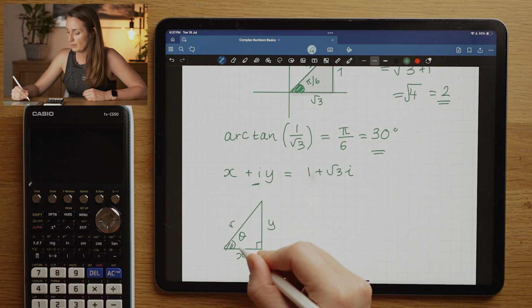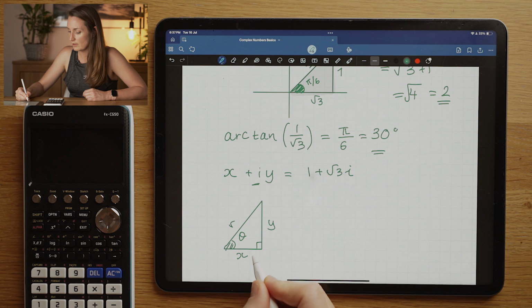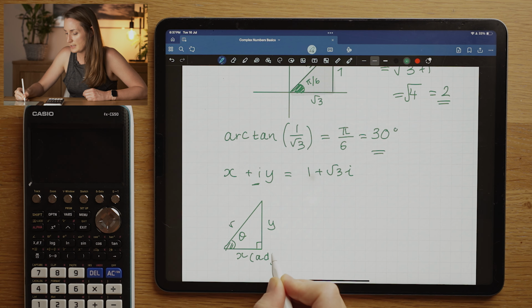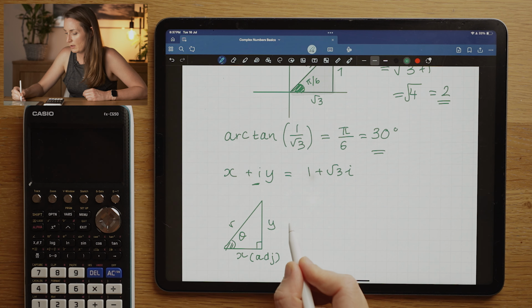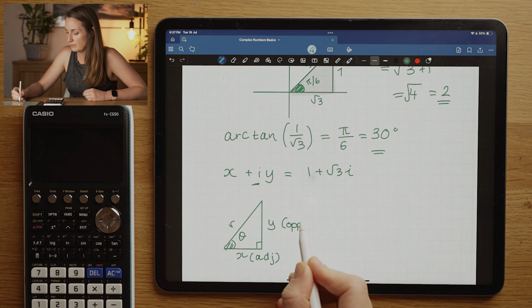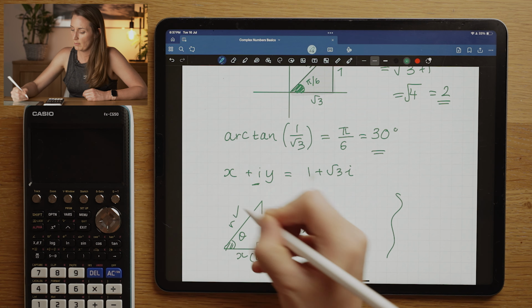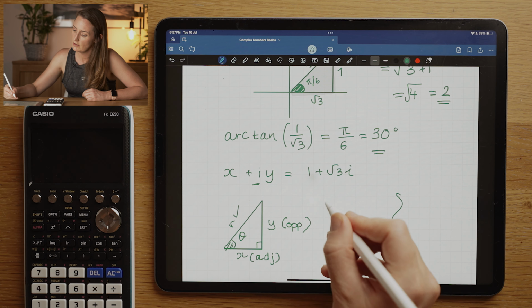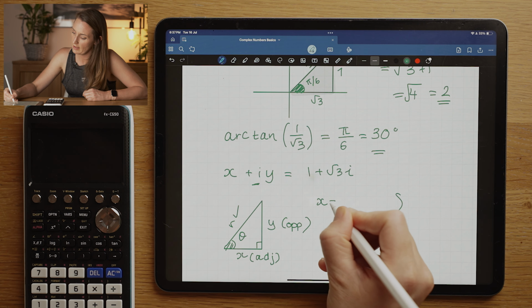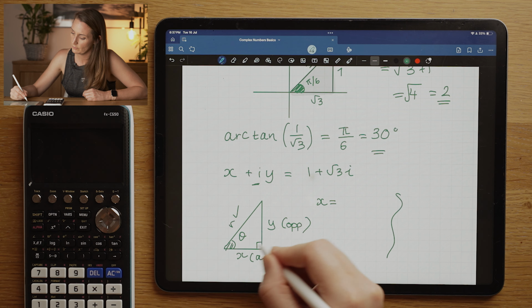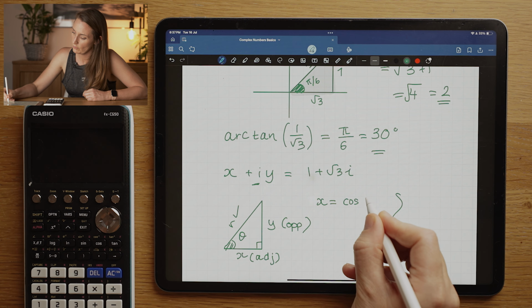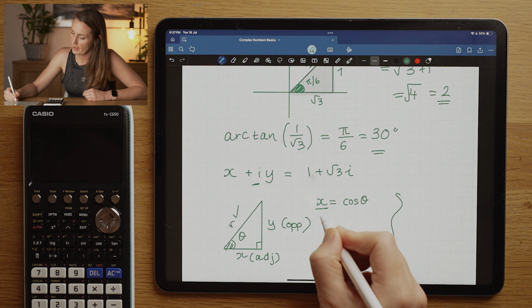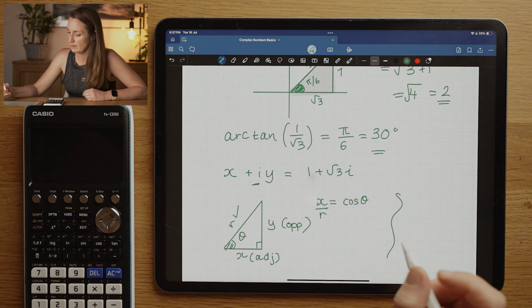So if we start by thinking, how could we get an expression for x? Well, x is going to be the adjacent of theta, and y is going to be the opposite of theta. And bear in mind, we definitely know what r is. So x divided by r is equal to cos theta.